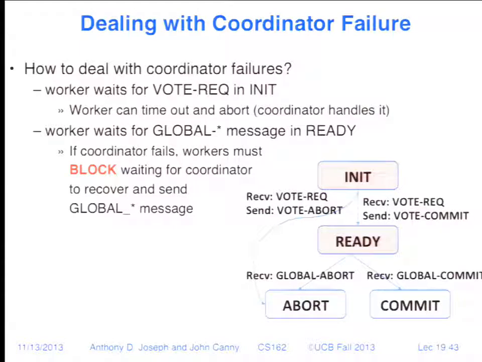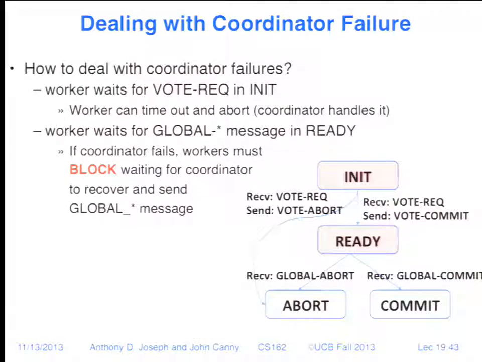Otherwise, the worker waits for the global abort or global commit messages, and it's waiting down here. And here it's more complicated, because if something goes wrong at this stage, the worker is in an uncertain state. It doesn't know what state the coordinator is in, and the coordinator is its only communication link to the other nodes.